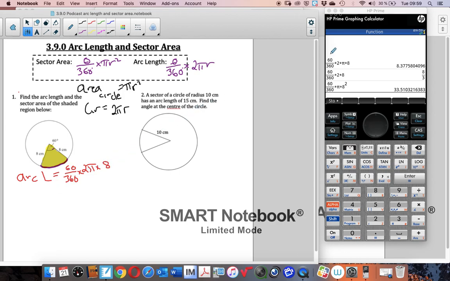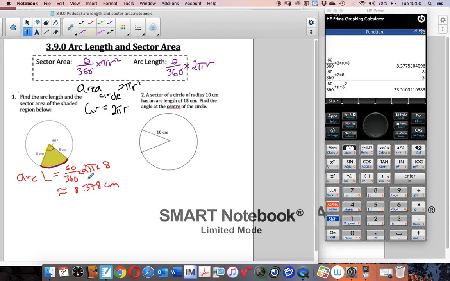Okay, then we're going to go to our calculator, and I already have it here because I was having a previous try with this. So we're going to have 60/360, 2 times pi times 8, and you see that we have 8.377, okay? So our answer to at least 3 significant figures is going to be 8.38. Since this is a length, our units are just centimeters.